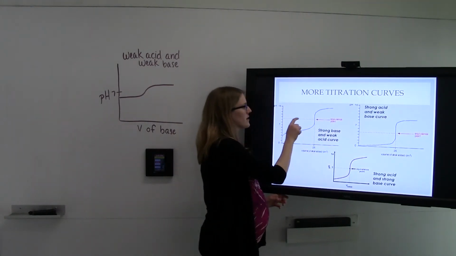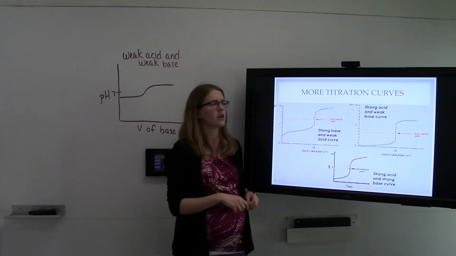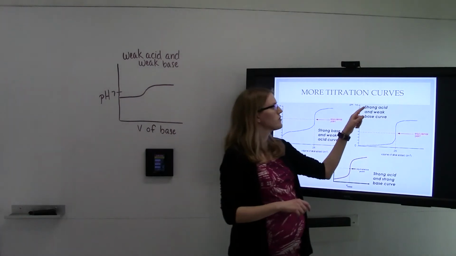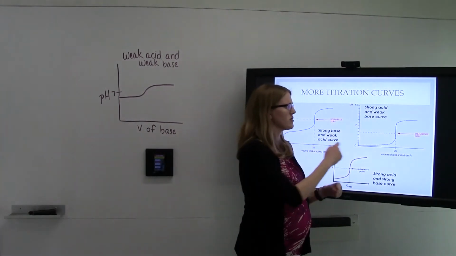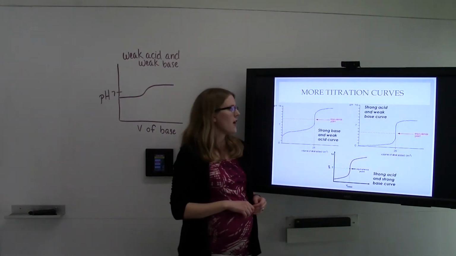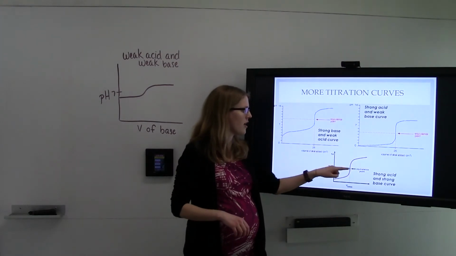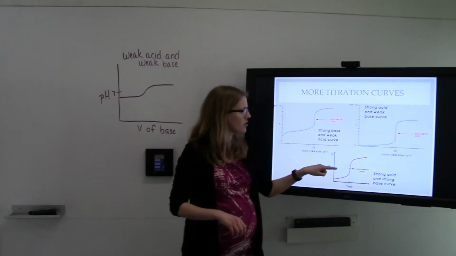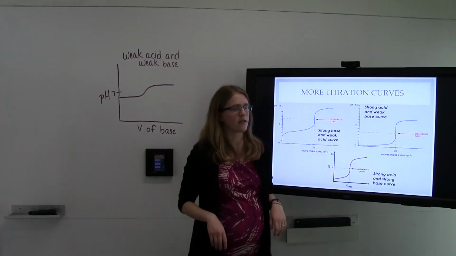So in the end, that's going to win out. Basic pH, because the base is stronger, okay? Whereas if you've got a strong acid with a weak base, that strong acid's going to win out, and in the end it's going to have an acidic pH. Whereas this one is exactly neutral because they're both strong. One doesn't win over the other, okay?